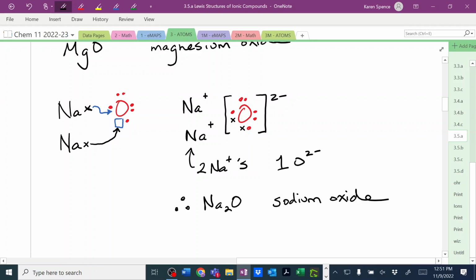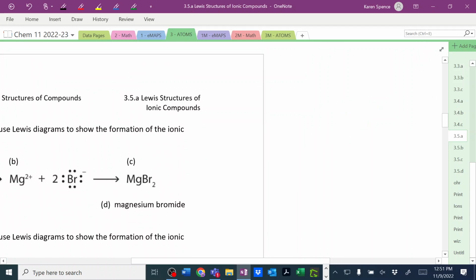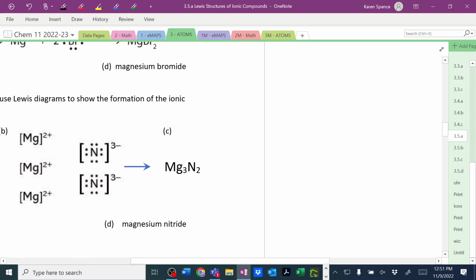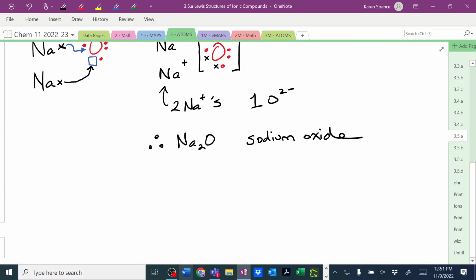So we do one last nasty one. Okay, this is as bad as it's going to get. We're going to skip MgBr2, we're going to go with magnesium and nitride. Magnesium, 2 valence electrons. Nitrogen is group 15. How many valence electrons? 5. 1, 2, 3, 4, 5.